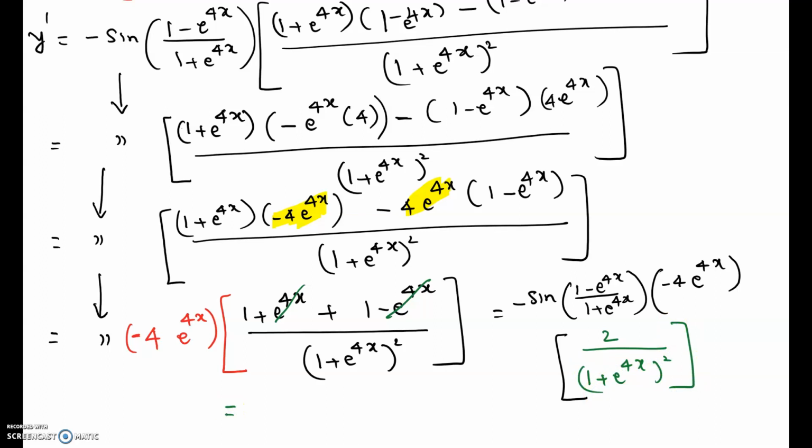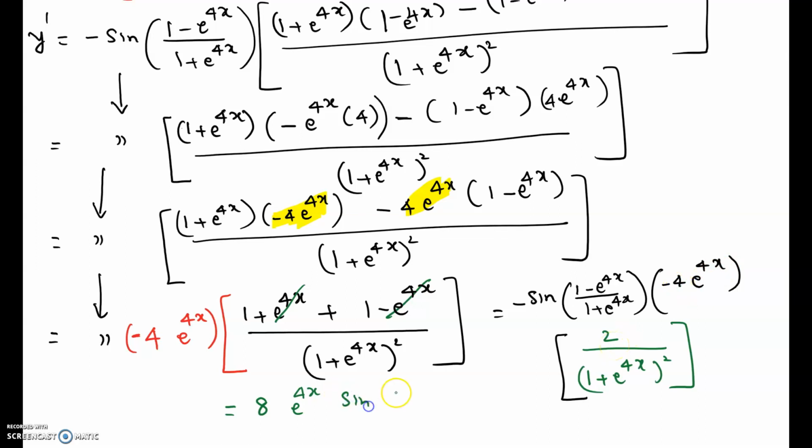So thus we have negative, that makes it positive. Then we have 4 times 2, that will be an 8. Then we can write this as e to the 4x, because I have taken into account the 4 and 2.